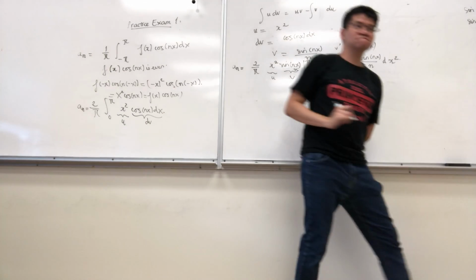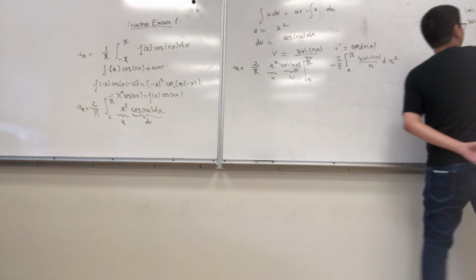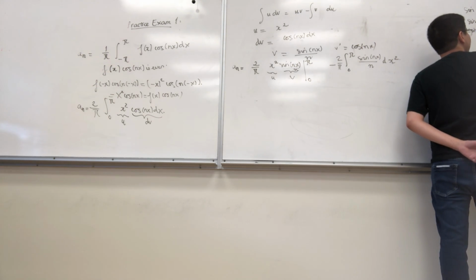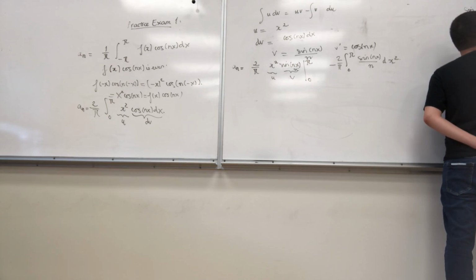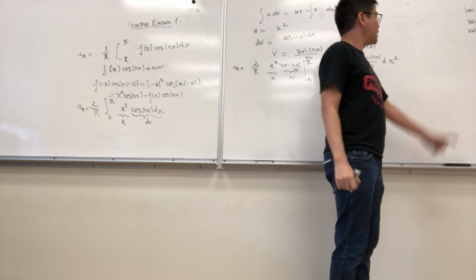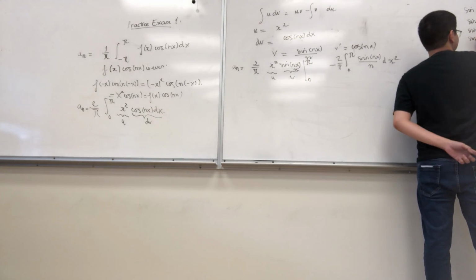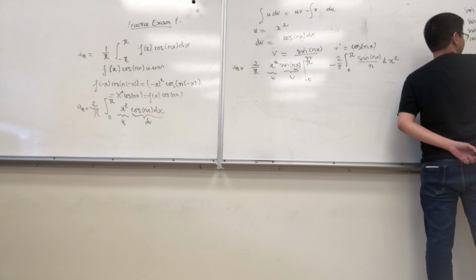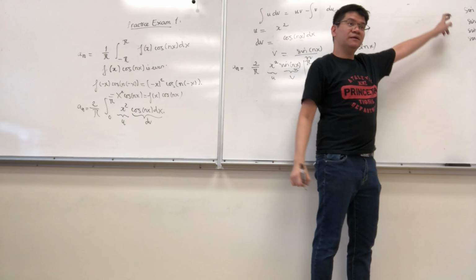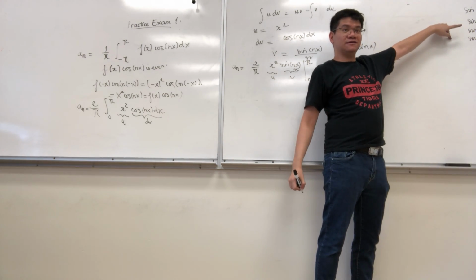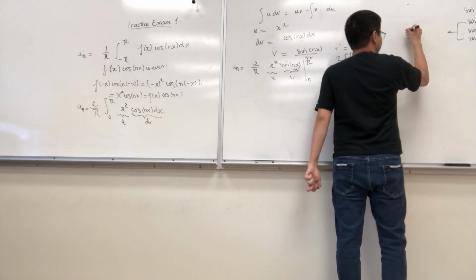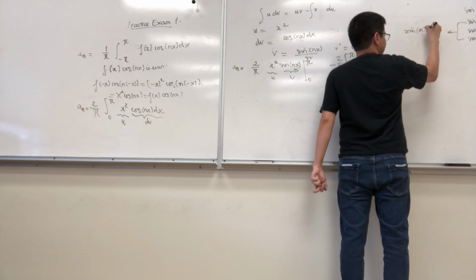Now, if x is pi, you have 2 pi n plus pi, which is sine of pi, and this is also 0. Which means that sinus of 2n plus 1 pi is 0. Now you combine the first and the second case, you're going to have sinus of n pi is going to be 0.